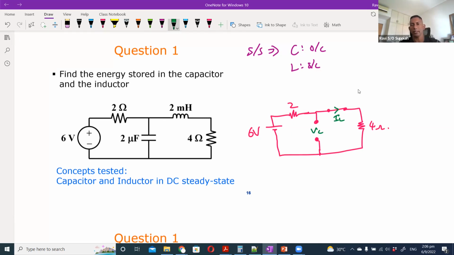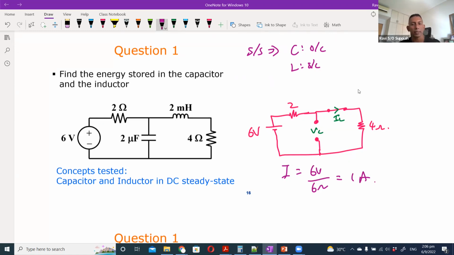IL is the same current that comes out of the source and goes through both the 2 ohm and 4 ohm resistors. In steady state you only have a simple series circuit, so I can calculate my current I as 6 volt divided by 6 ohm, because 2 and 4 are in series, which gives 1 ampere.